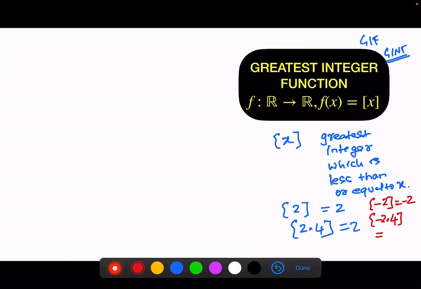See, if you move more to the left, your numbers will become smaller, right? So which is greater, minus 2 or minus 2.4? Minus 2 is greater, right? But we want smaller than minus 2.4.